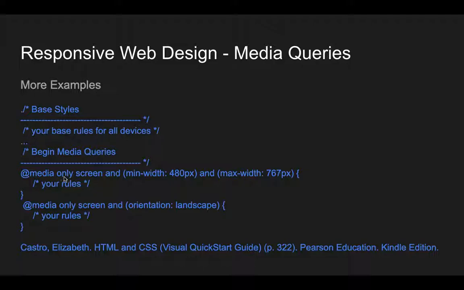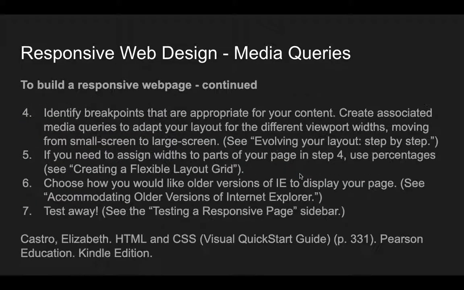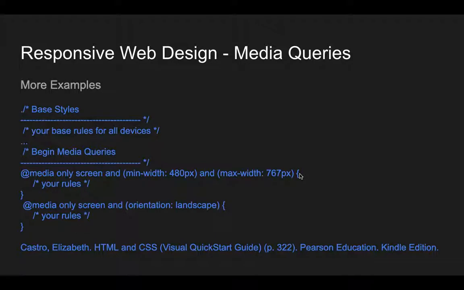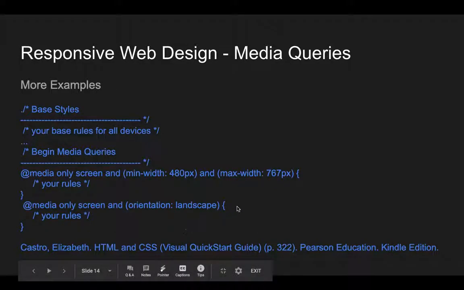It only applies to screen with a min width of, right, and then everything else between these two curly brackets, this is where you put your general CSS rules, like font face is Tahoma, font size, whatever, right? All of that is inside those curly brackets. Okay. Any questions so far?